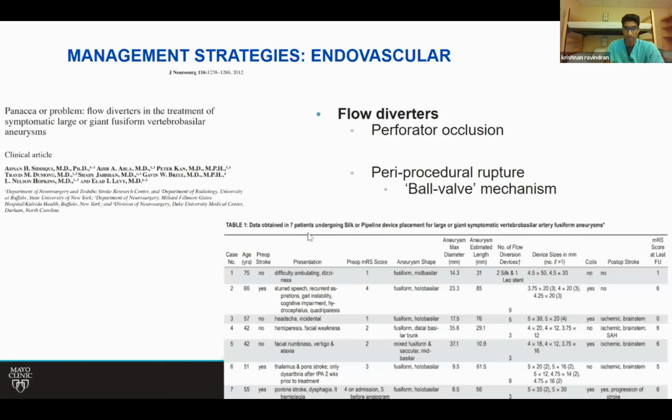What you note here on this series of 7 patients, this paper was from the initial flow diverter era back in 2012, is that the sizes of device remained very small as a function of what was available at the time.